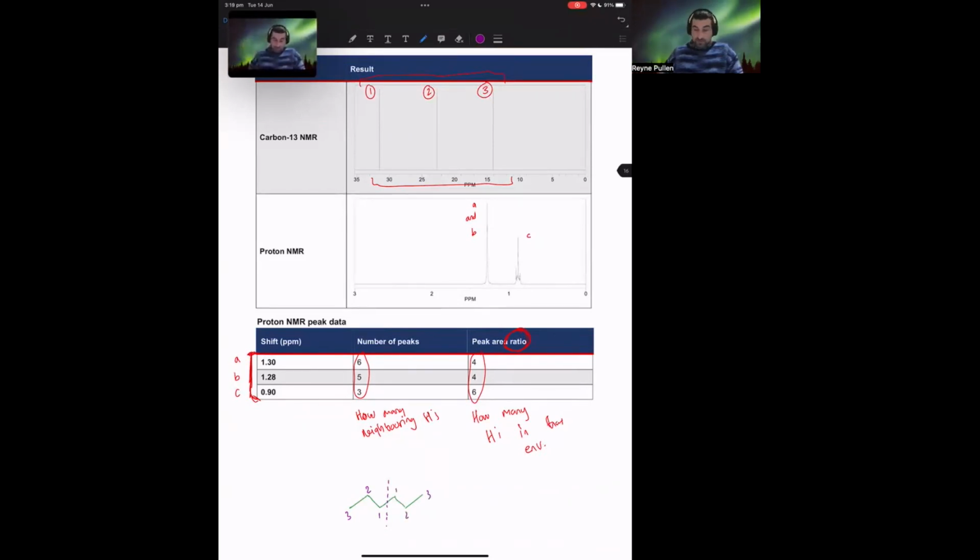If we think about our proton NMR, we can also confirm some of that if we think about hexane.